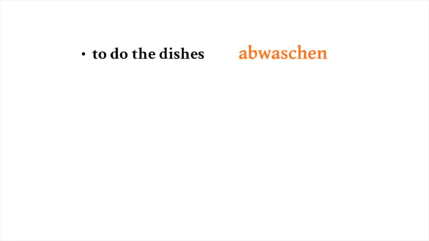Let's continue with more activities you can do during your daily routine. To do the dishes, in German we would say abwaschen. So for example, I do the dishes, ich wasche ab. Also this verb is a separable prefix verb.